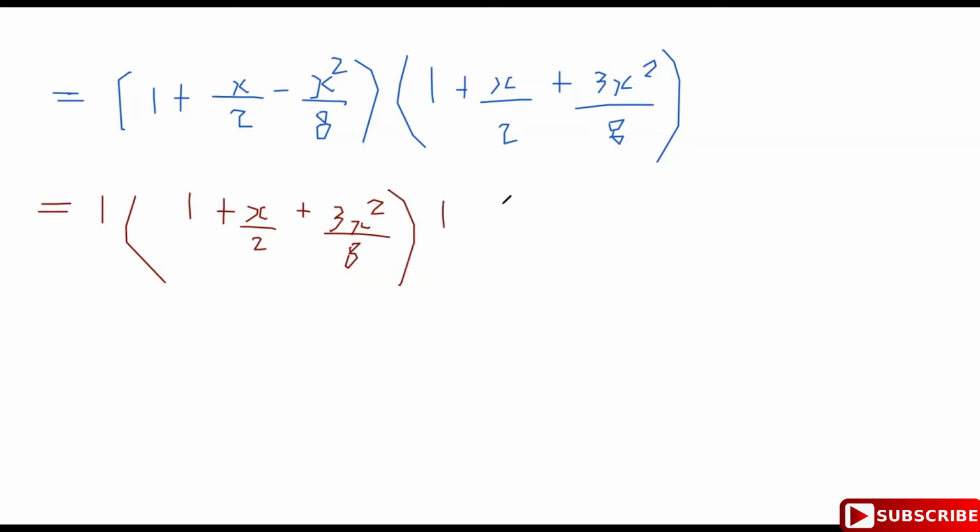And then we have x over 2 times all of this. So it's going to be plus x over 2, and x over 2 is being multiplied by everything in here again: 1 plus x over 2 plus 3x squared over 8.